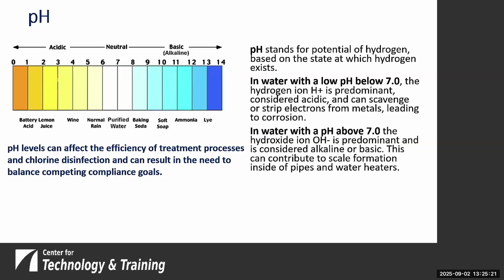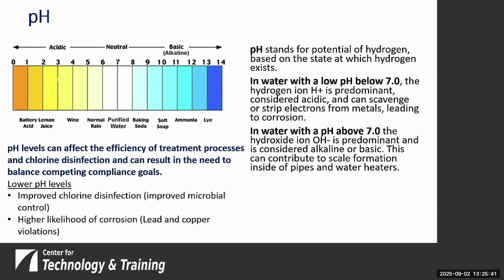And it can also affect how efficient our processes are. It can affect our chlorine disinfection. And as I had said, it's a balance. We have competing compliance goals, and we need to try and meet multiple things and still provide the best water that we can.